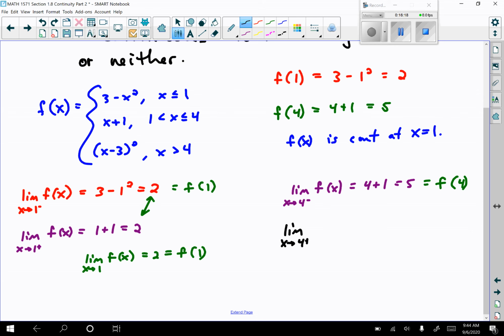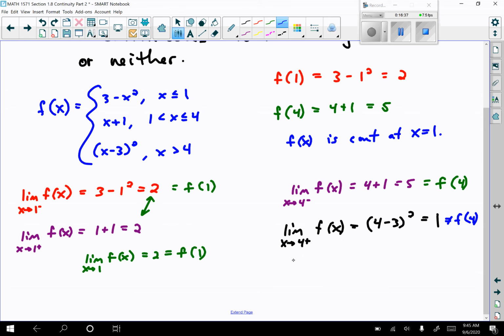But notice these are all the necessary steps we need to show. All right, so from the right, I'm using the bottom one. So I'm going to get 4 minus 3 squared, which is going to give me 1. So here we would show, this is not equal to f of 4.